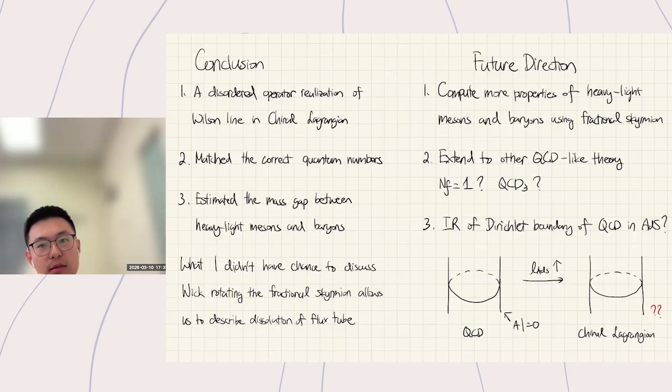It's not perfect, but the number at least has the right order of magnitude. What I didn't discuss is that if you have dynamical fermions, you can also Wick rotate it and then use it as some proxy of describing how a flux tube is dissolved into pions. Okay, so let me just stop here.